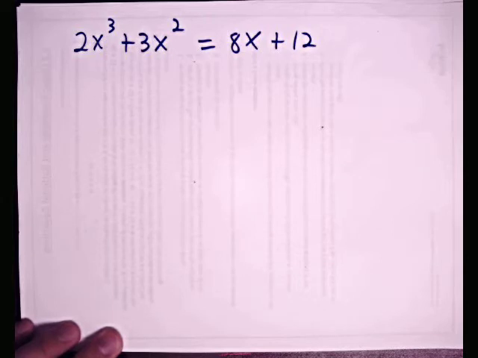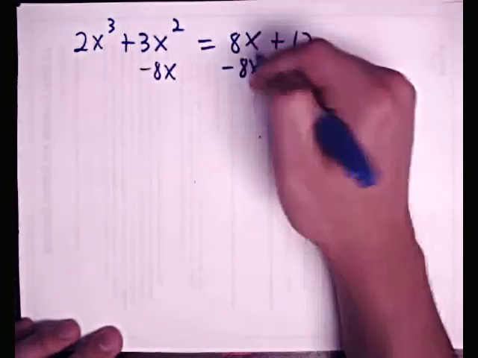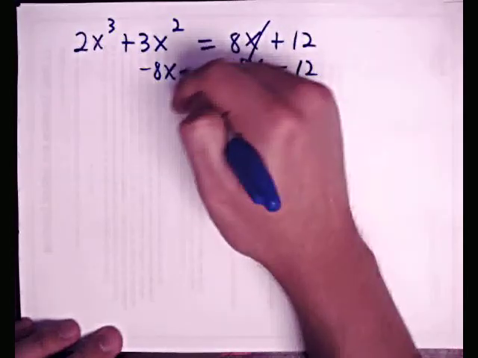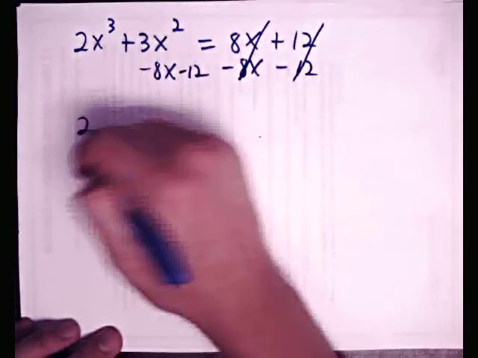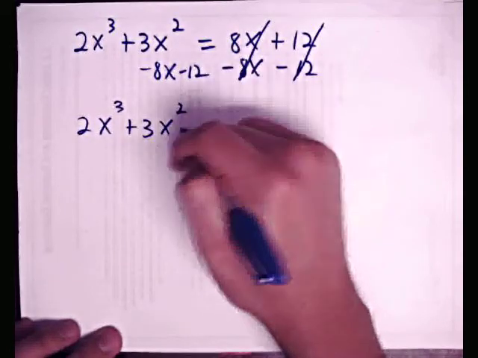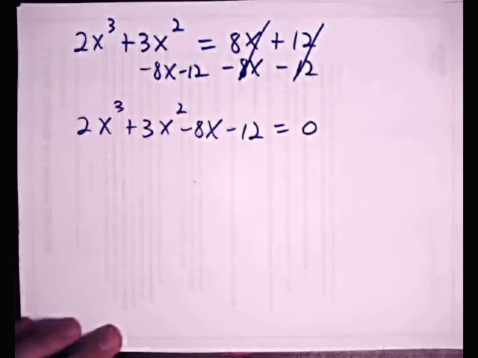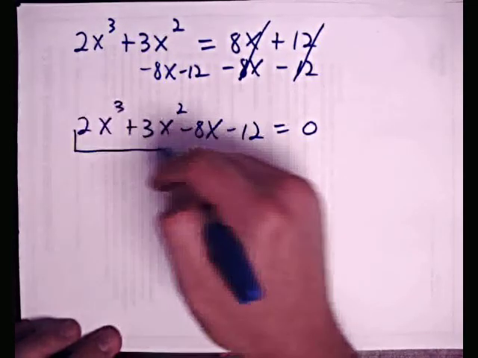But again, the first thing is, in order to factor and use the zero product property, you need everything on the same side of the equation. So let's subtract 8x and subtract 12 to eliminate them on the right-hand side, giving us 2x cubed plus 3x squared minus 8x minus 12 equals 0. 4 terms again, so you should think factoring by grouping whenever that happens.